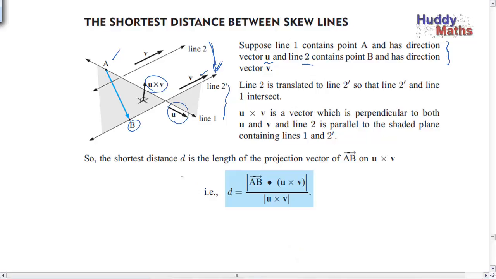So the shortest distance is the length of the projection vector of AB on U cross V. Now that takes a little bit of understanding. If you considered this vector from any point A to B and you stood it up, you want the perpendicular distance.